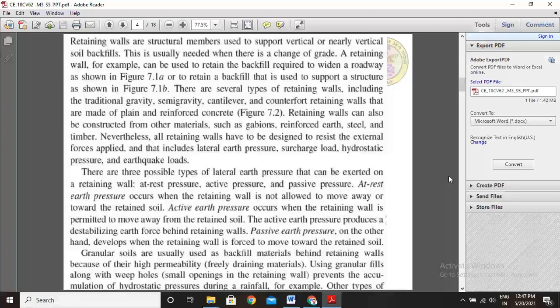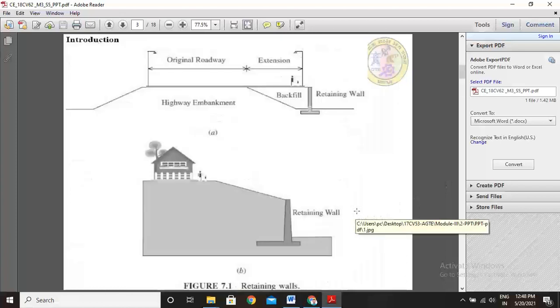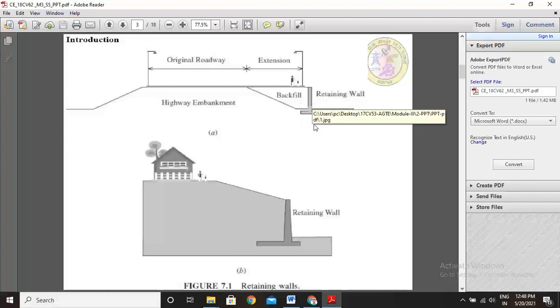A retaining wall, for example, can be used to retain the backfill required to widen a roadway as shown in figure 7.1a, or to retain a backfill that is used to support a structure as shown in figure 7.1b. So to retain the road embankment backfill, we construct retaining walls.